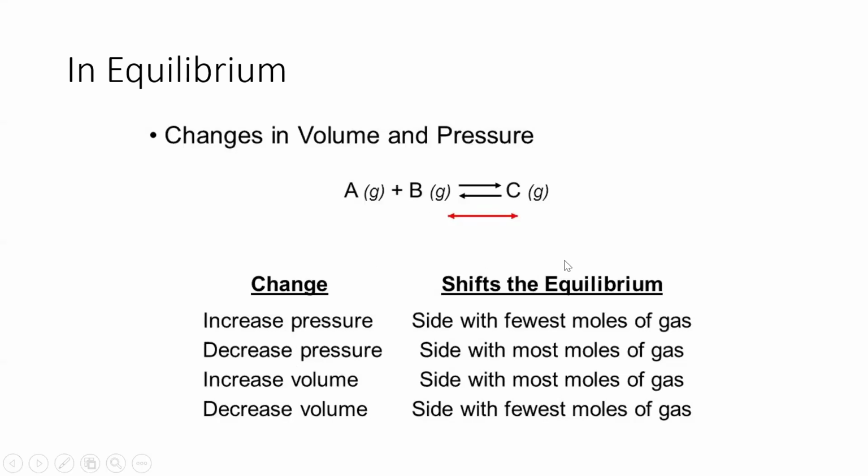Increasing pressure shifts equilibrium to the side of fewer moles. Decreasing pressure shifts it oppositely to the side with more moles. Remember, we said volume and pressure are opposite, right? Same here. Increasing the volume will favor the side with more moles. Decreasing the volume is going to favor the side with fewer moles, opposite to the pressure, as you can see.